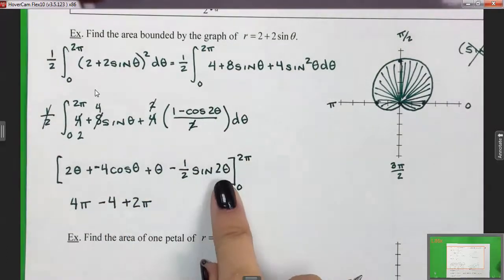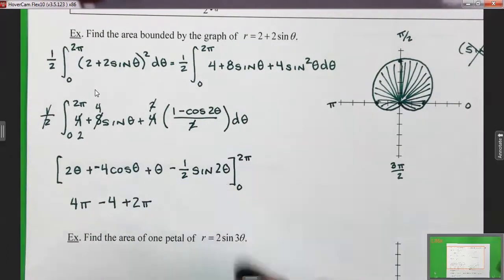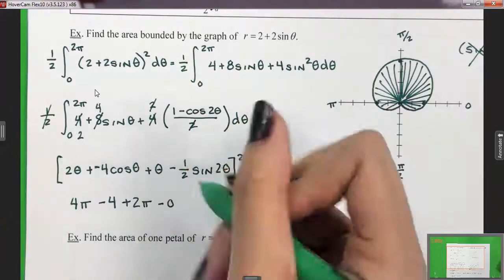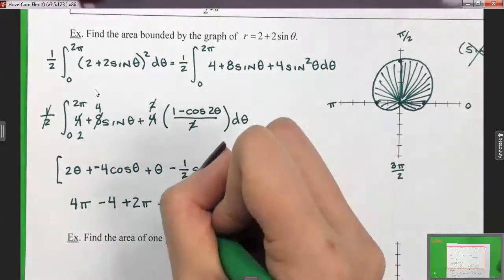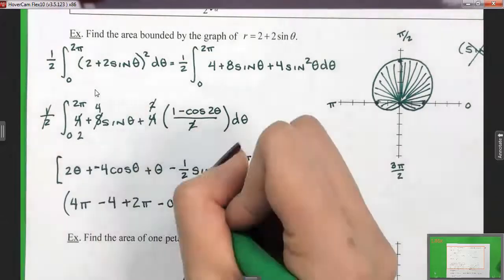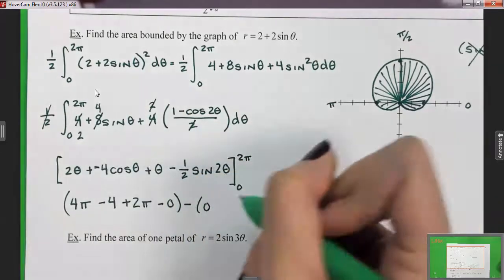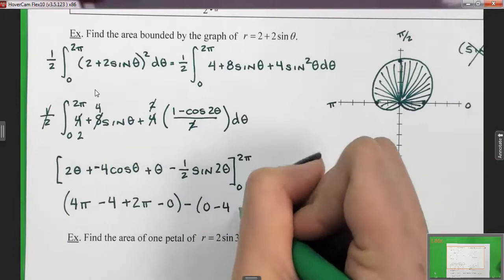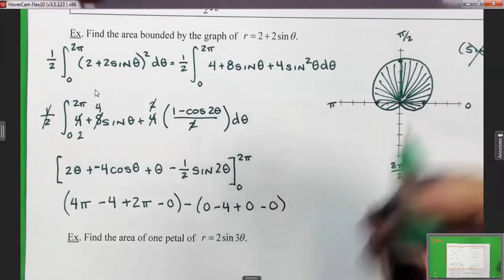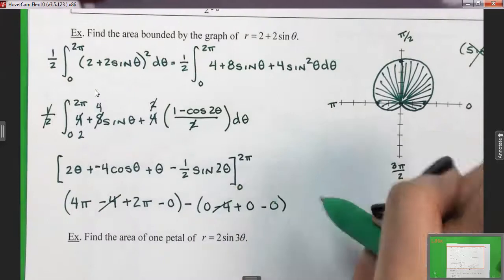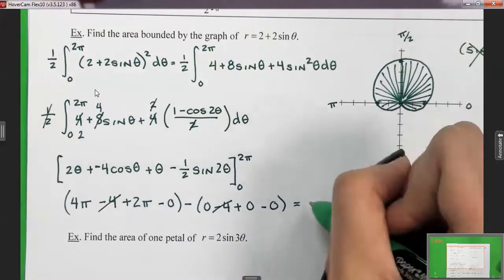And 2 pi in here is sine of 4 pi, that's 0. 0 plugged in is 0 minus 4 plus 0 minus 0. Okay, negative 4, negative 4. This equals 6 pi. Did you get it?